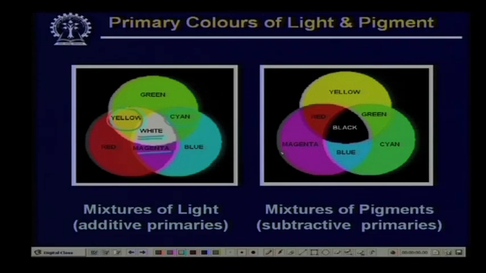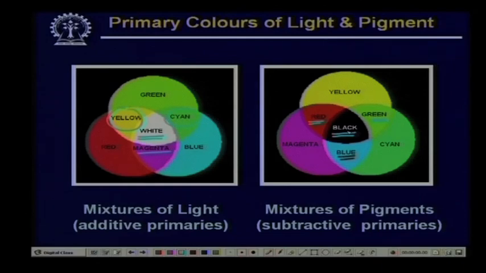So, yellow and magenta together form the red light, yellow and cyan mixed together form the green light, and magenta and cyan mixed together form the blue light. However, all these three pigment primaries, that is yellow, magenta and cyan, mixed together form the black color.